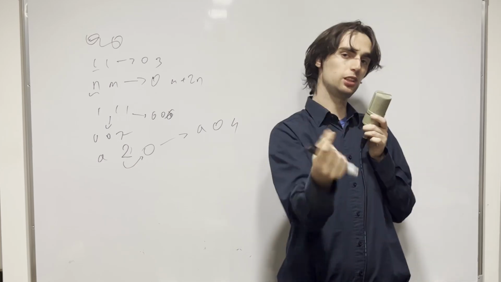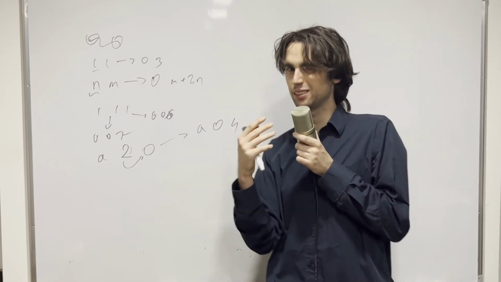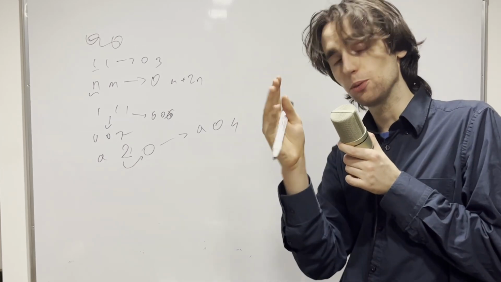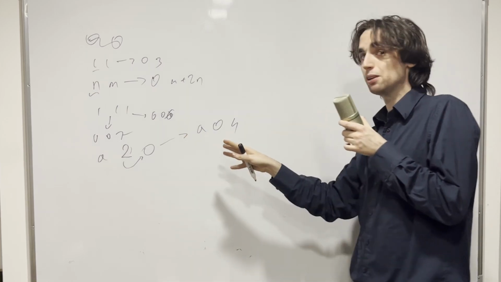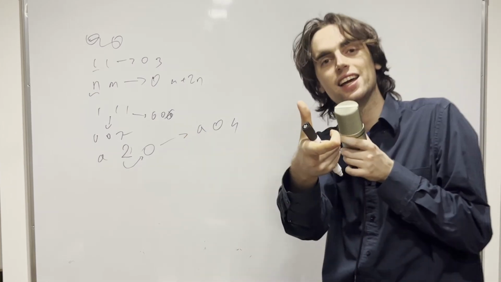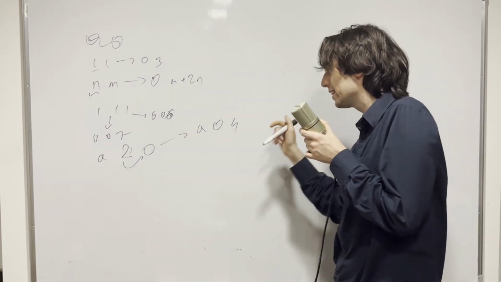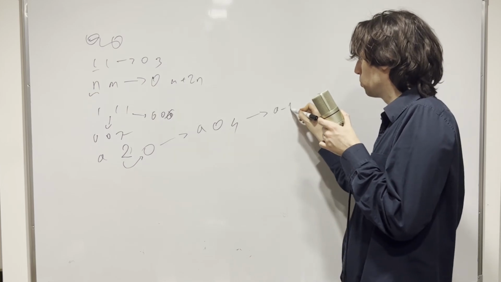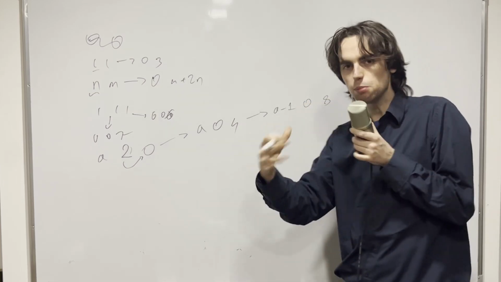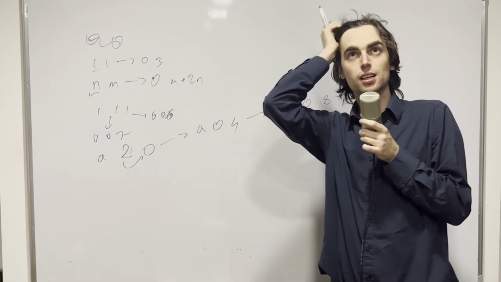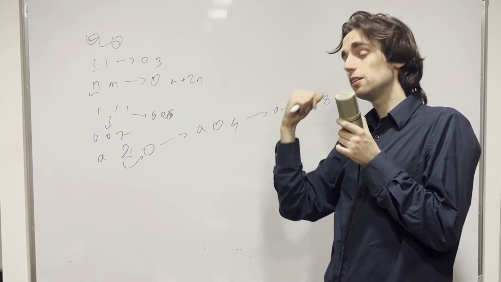And what is the difference between these two operations? Pause for 2 minutes, ask yourself, what is the difference? And initially, it doesn't seem like there is much of a difference. Why? Well, you're going to get to A minus 1, 0, and 8 in both cases at the end. But think about what you did in the first operation.